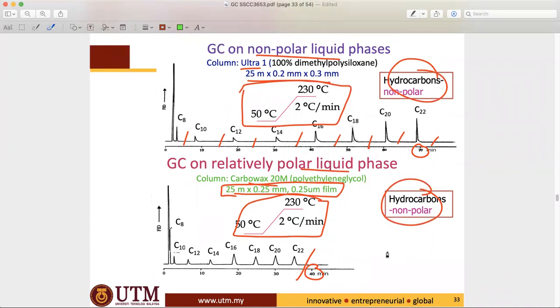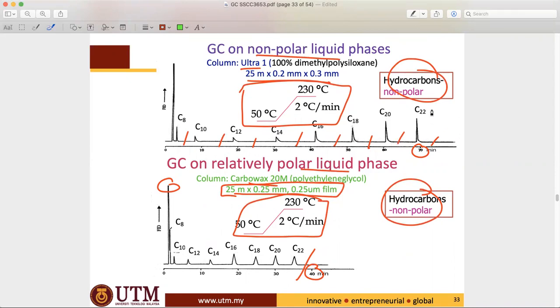Which in this case would save your gas. But you need to know that the separation is, for example, this C8 is too close to your solvent peak. Okay, and the concentration or the peak height of all of the compounds is quite the same as compared to here.